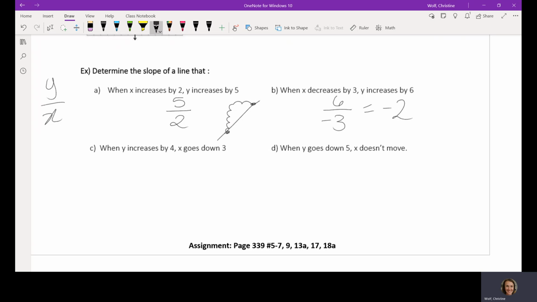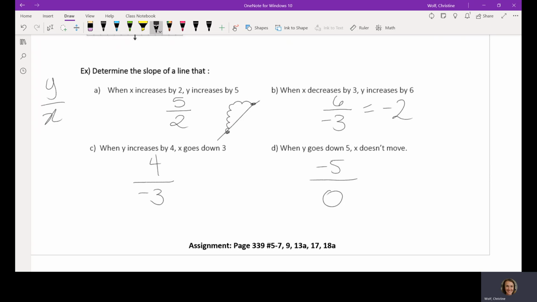There's your slope, -2. When Y increases by 4, X goes down or becomes negative or becomes less, so -3. And finally, when Y goes down 5, so I now have a -5, X doesn't move. What does that mean? It's 0.